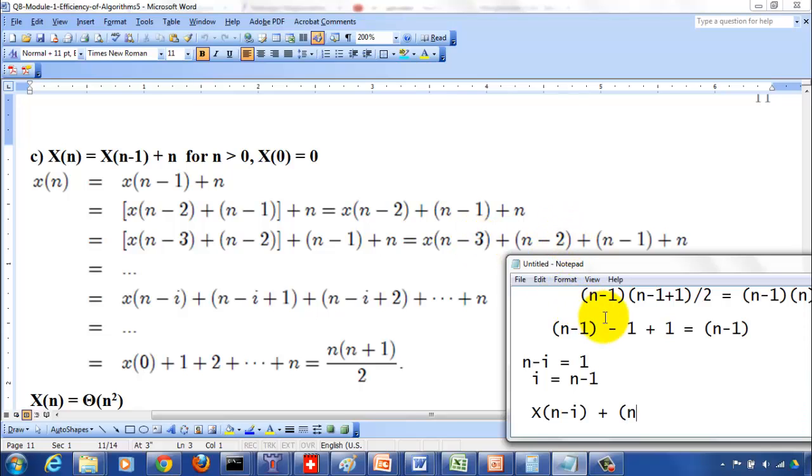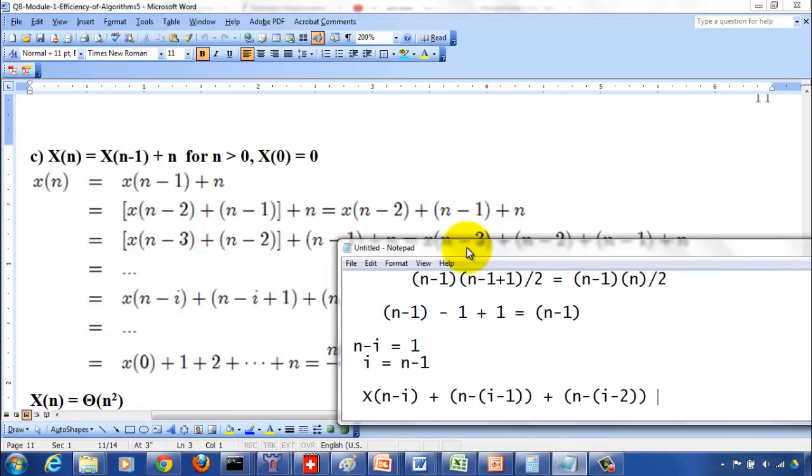So I can write it similarly. This is x of n minus i, and then, sorry, there's no x here. Okay, that's n minus i plus 2 and so on, plus up to n. So this is n minus i plus 1, that's what we have here, then n minus i plus 2, so on up to n.